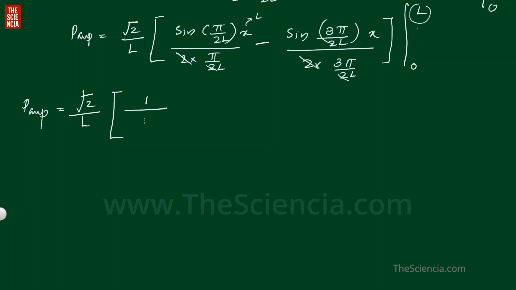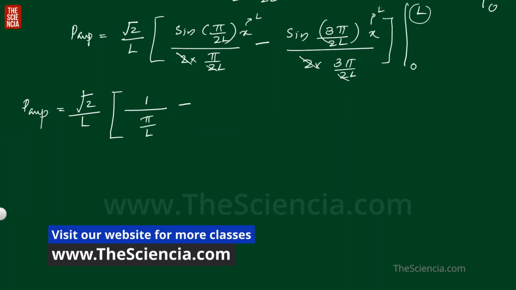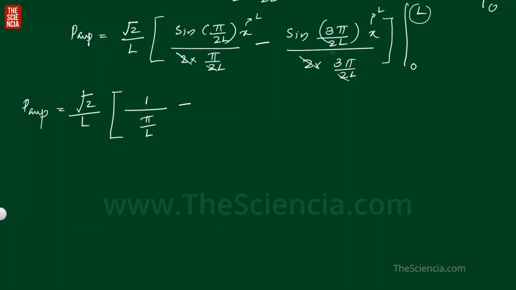So 1 by pi by L minus, now we substitute L for x, so this L and this L cancel and we get sin 3 pi by 2. The value of sin 3 pi by 2 is minus 1. That is minus into minus 1 by 3 pi by L. And when we substitute the lower limit 0, we get 0.